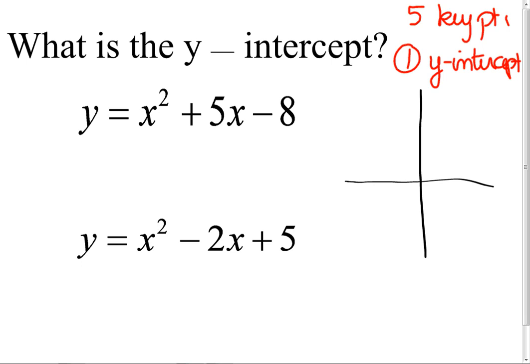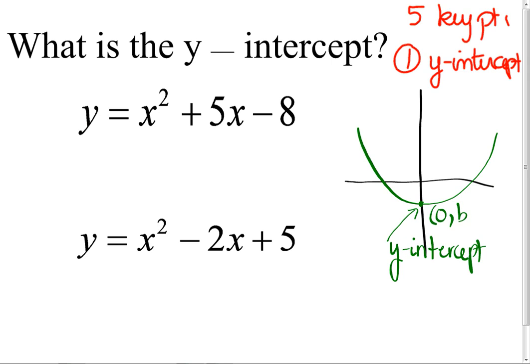This is the y-intercept. That's 1 point. And for the y-intercept, what's true about the x-coordinate? Cole? Yeah, it's 0.